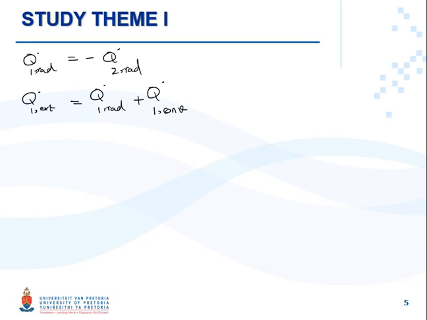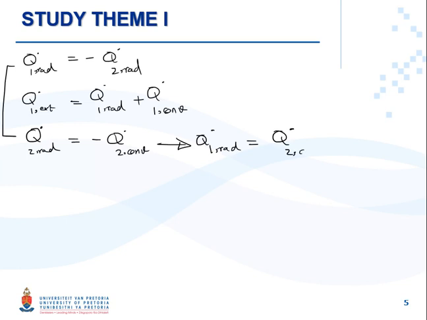And for surface 2, since q dot 2 ext is equal to 0, then q dot 2 radiation is equal to minus q dot 2 convection. Just look at these two. From these two, we can say that q dot 1 radiation is equal to q dot 2 convection. Am I right?